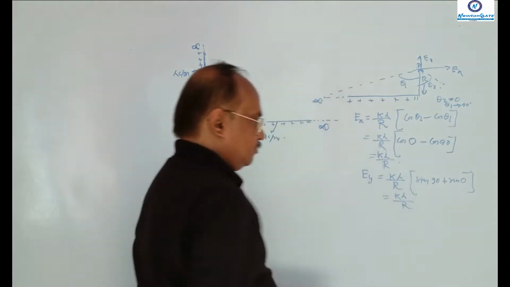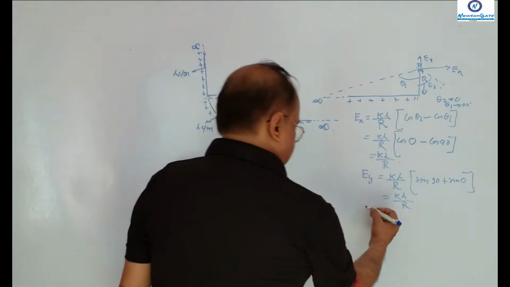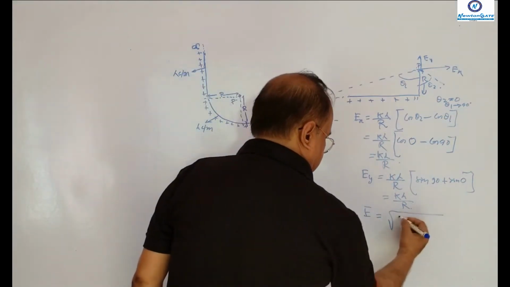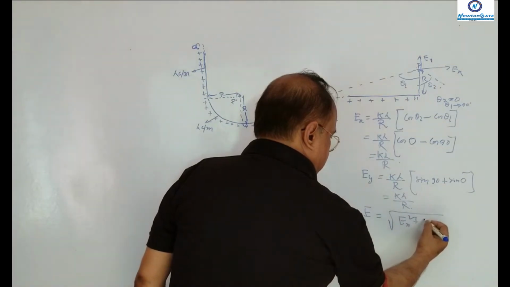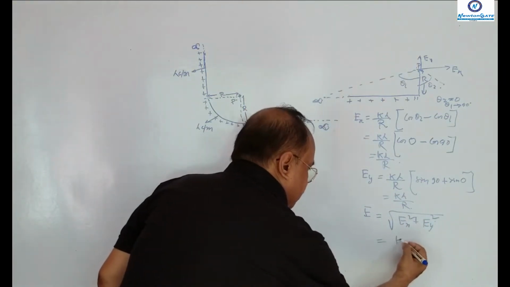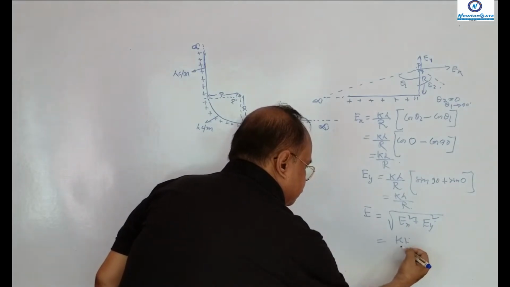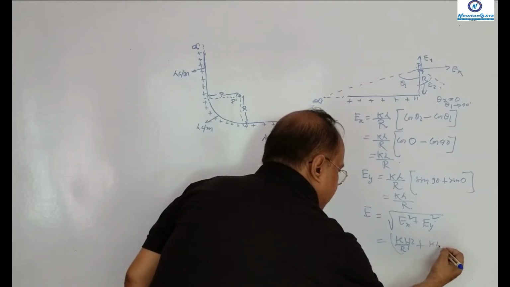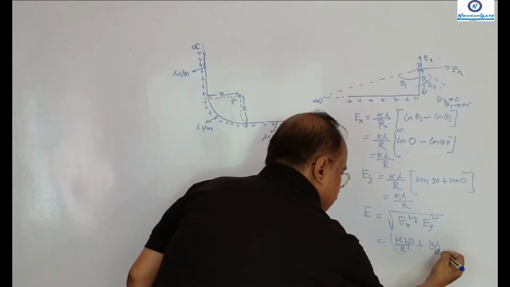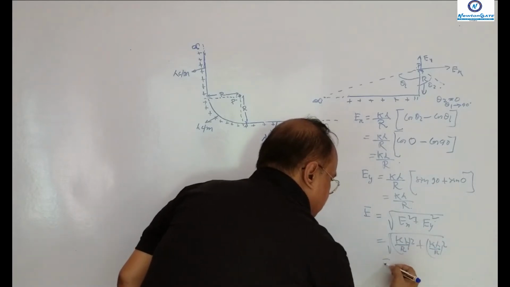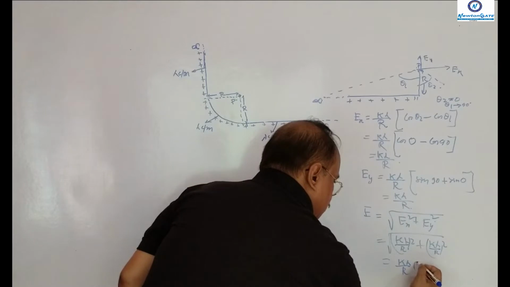So the net electric field will be equal to the square root of Ex square plus Ey square, that will be the square root of k lambda by r whole square plus k lambda by r whole square. That means you will get k lambda by r into root 2.